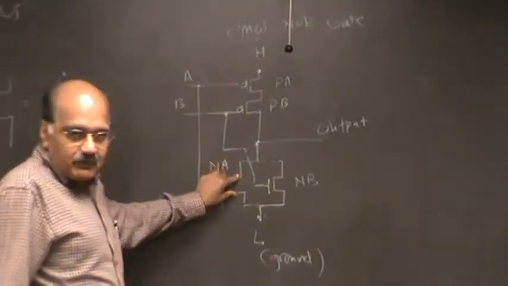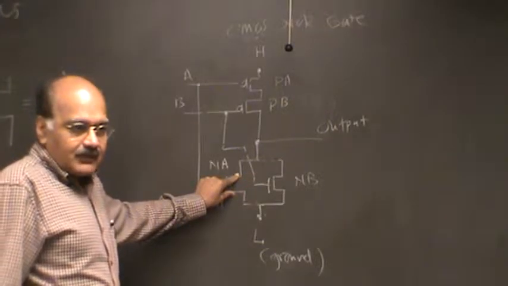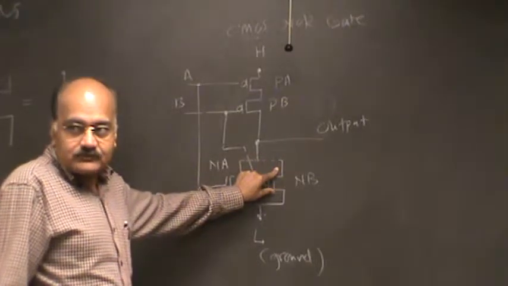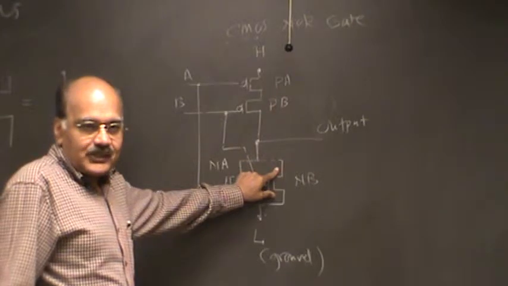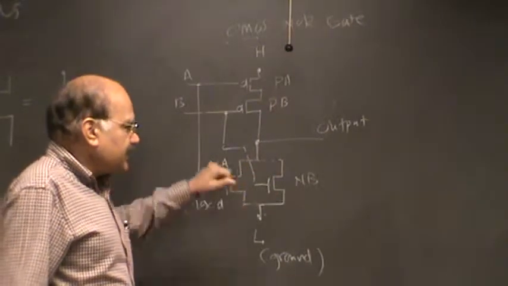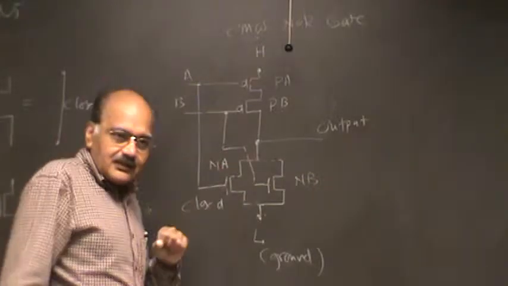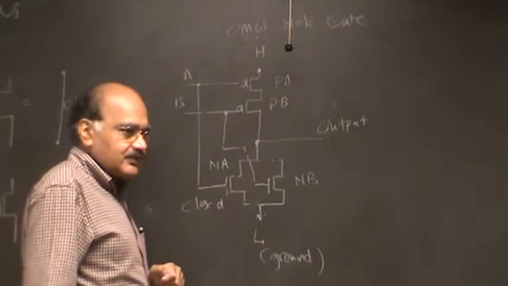That means this will never be closed. However, notice this is working correctly, so this can close. So how can you test for this particular transistor being bad? If it is stuck open, how can you test for it?